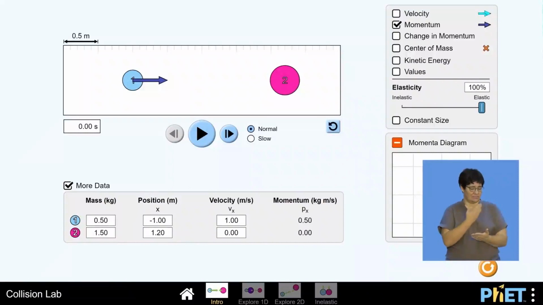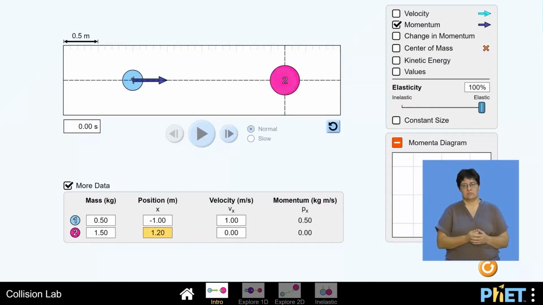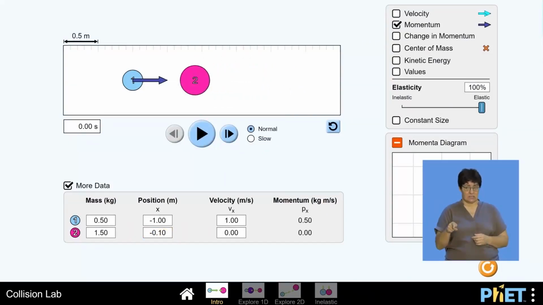Let's change it so that we're going to have this one. I want this one to be going to the right as well. So I just want to make sure I've got it going to the right. So we're just going to do that. Okay, let's take that away. We're now doing the situation where both objects are moving in the same direction. This can happen, you know that.